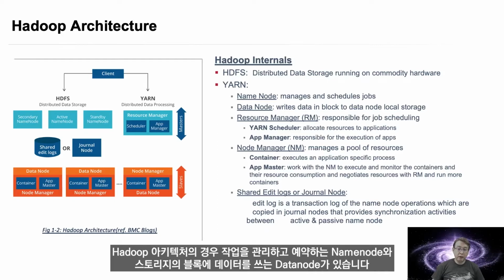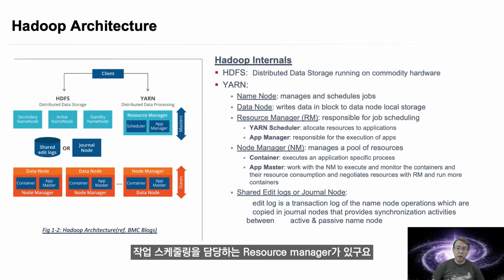For the Hadoop architecture, you got name node that manages and schedules jobs, and data node that writes data in block in storage. Resource manager, who is responsible for job scheduling. Node manager, who manages pool of resources.